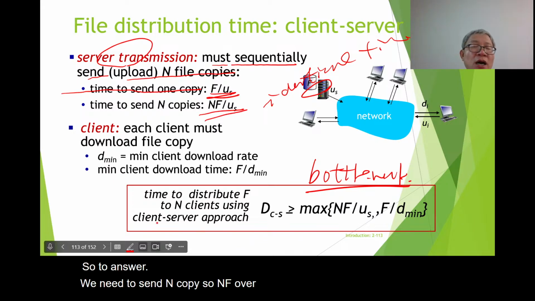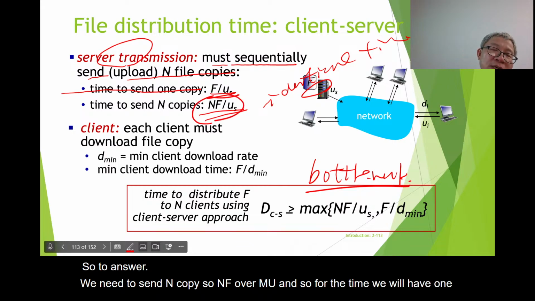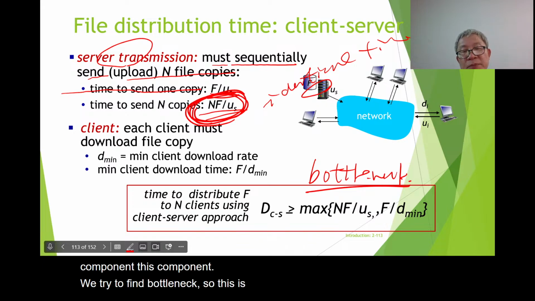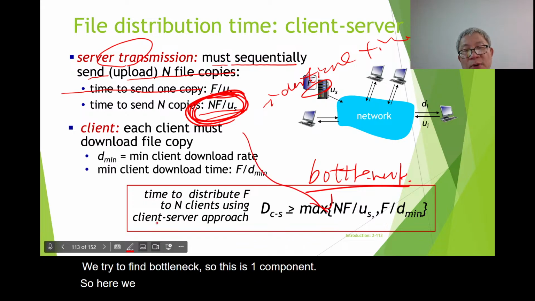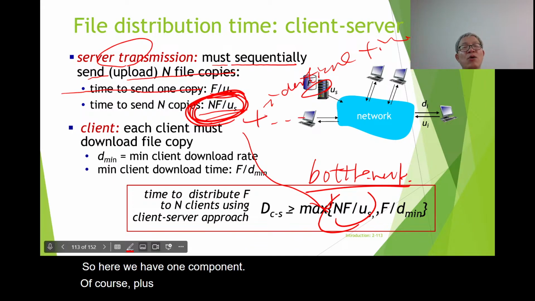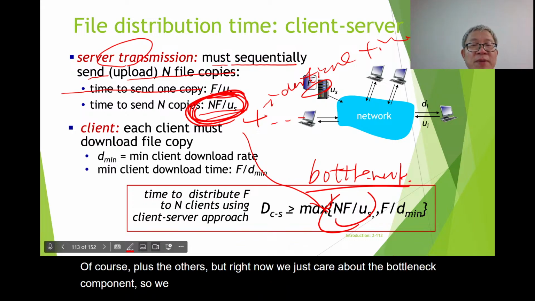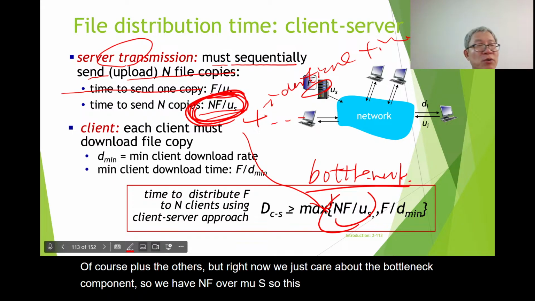So for the time, we will have this component. We try to find the bottleneck, so this is one component. Of course, there are others, but right now we just care about the bottleneck component. So NF over u_s is the first component.